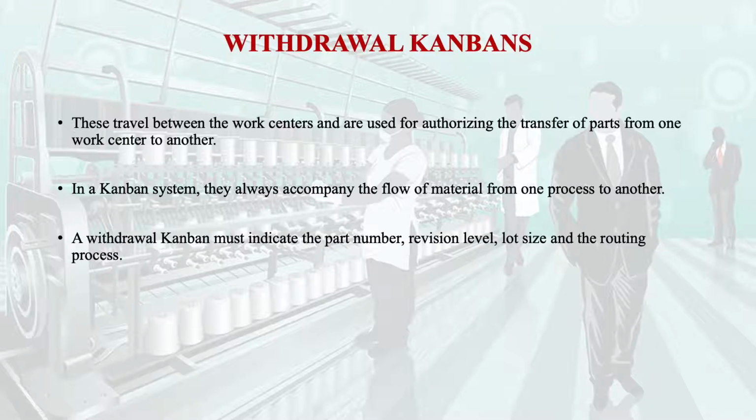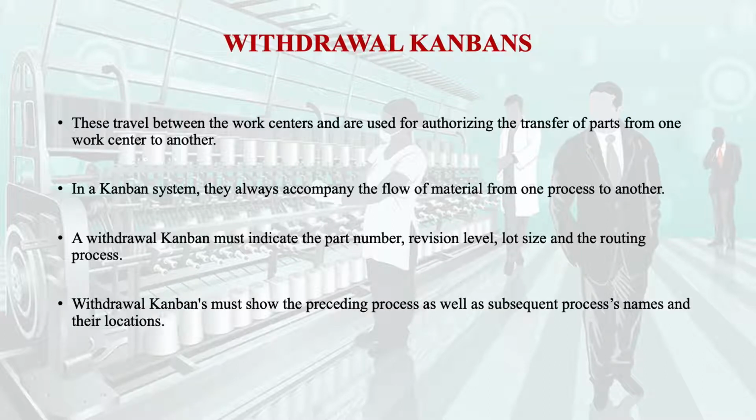A withdrawal Kanban must indicate the part number, revision number or revision label, lot size, and routing process. This type of Kanban, the withdrawal Kanban, must show the preceding process as well as the subsequent process, at least the name and their location.